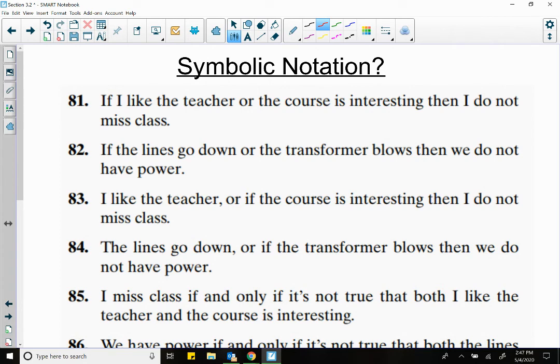Okay? All right, I see the word if. That means there's a then somewhere. Up, there it is. There's my arrow. Now, we've got this statement. I like the teacher.